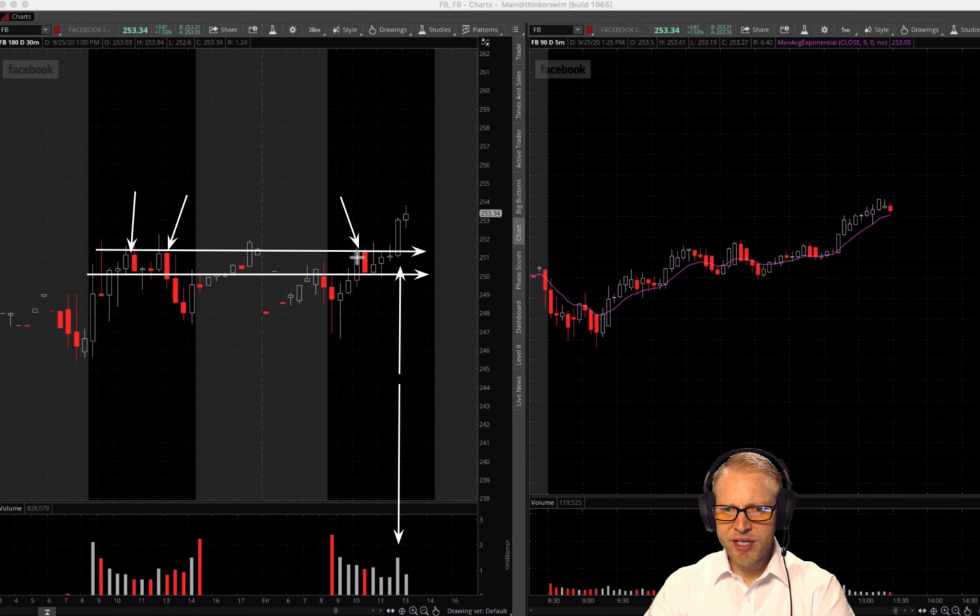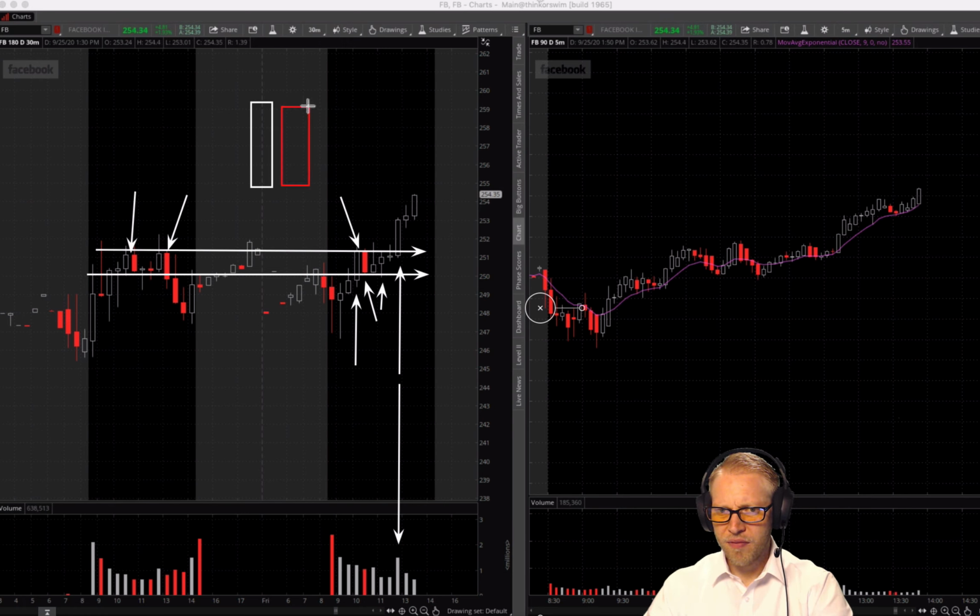So if we add this candle and these next 3 candles together, we get a pattern that looks like this. We get a big bullish bar, and then we get the reversal, a bearish bar, and then we get another bullish bar, okay?